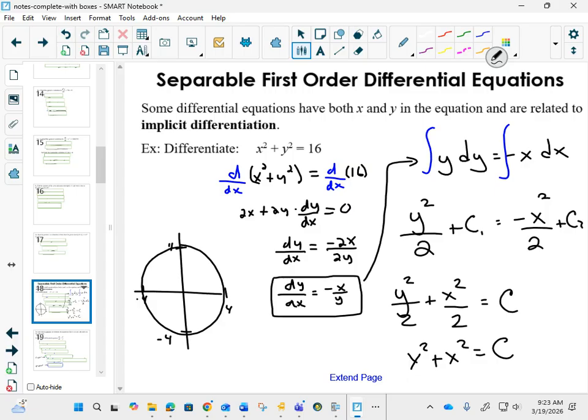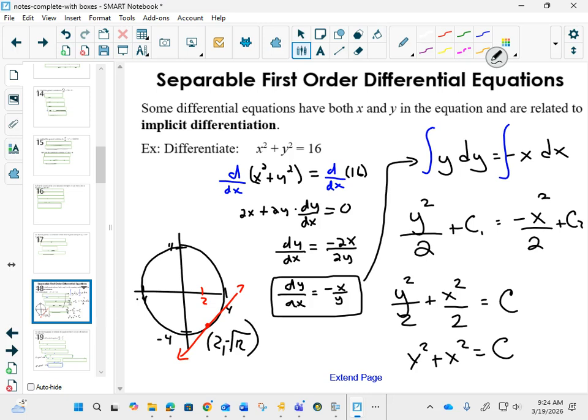But if you pick this point at x equals 2 and drew its tangent line, this would be 2 comma, what would I have to put in there? 2 comma negative root 12, because it's the negative.